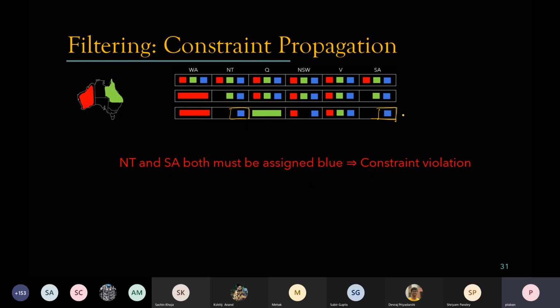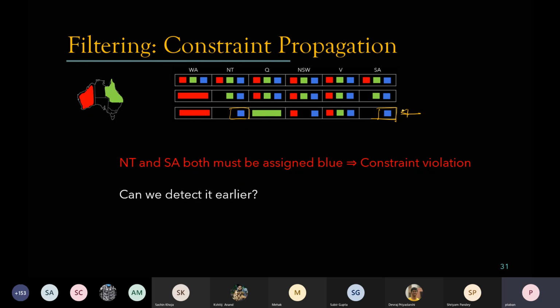But forward checking will not see that. The forward checking will only see that after it has assigned a value blue here. So you see the problem. Even though I know at this point that I do not have a valid assignment going forward, I'm still going forward with my assignment, with this filtering, because the effect of my current assignment is not propagating to the other part of the network.